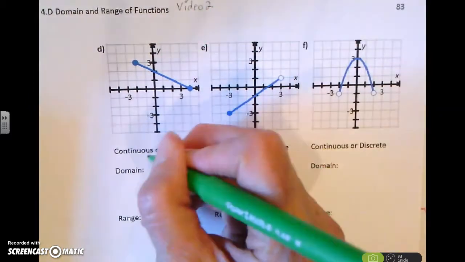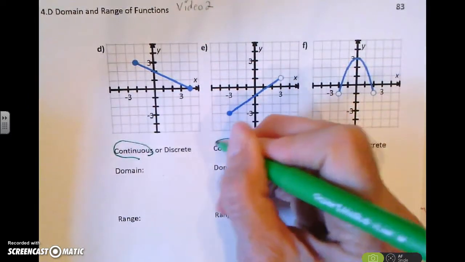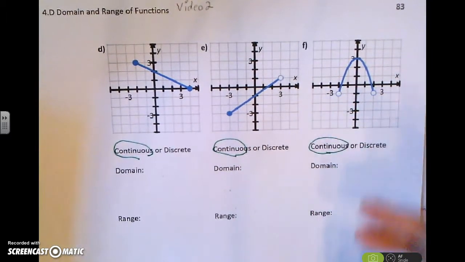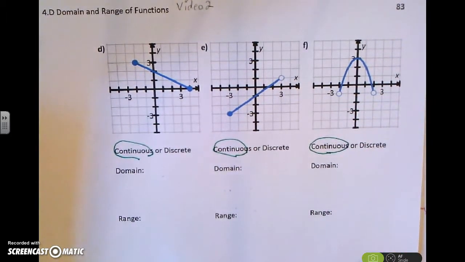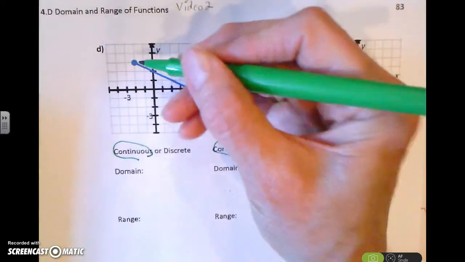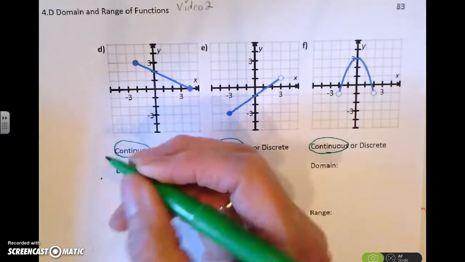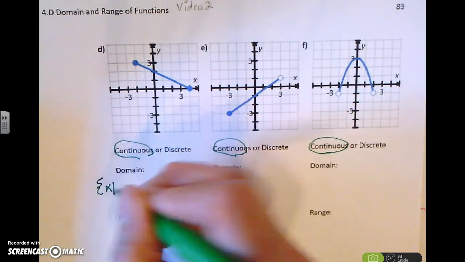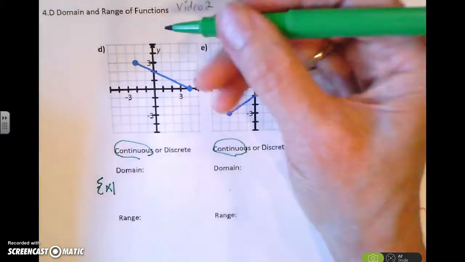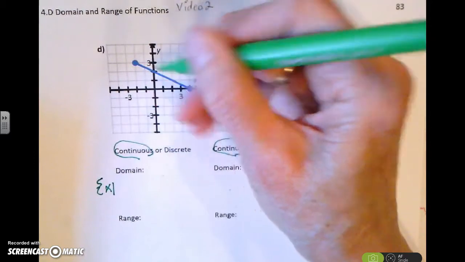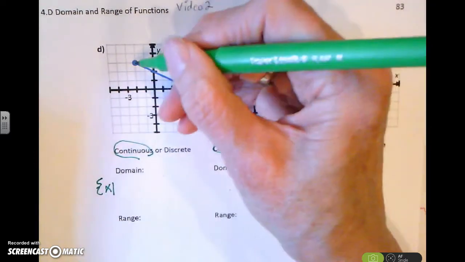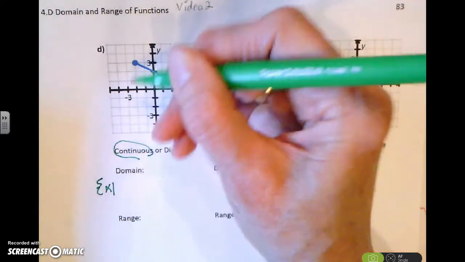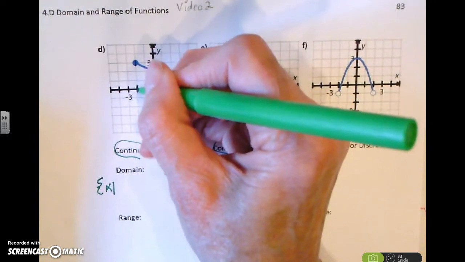All right, so these are all three continuous because they are solid lines as opposed to separate points. The domain for this first one, so again, I'm going to write that with an x such that, and on this one, we're going to write it as a three-part inequality because our x's are going to go from our smallest one, which is right here.